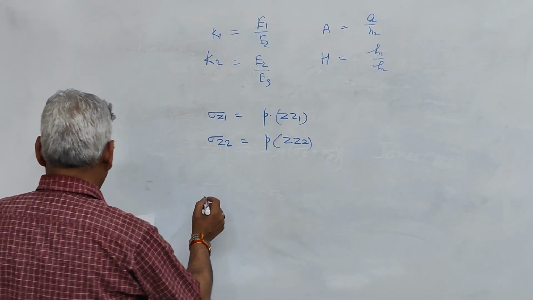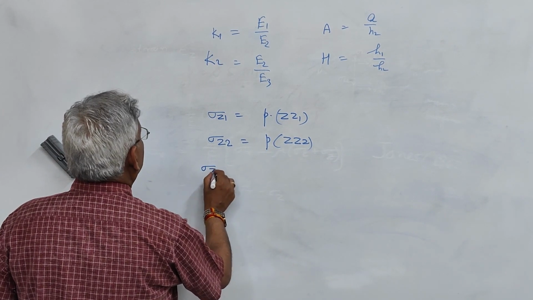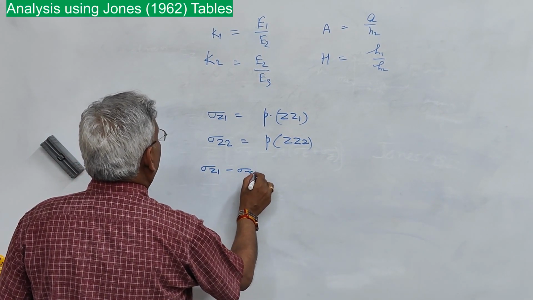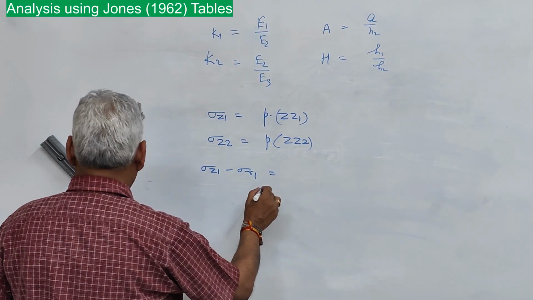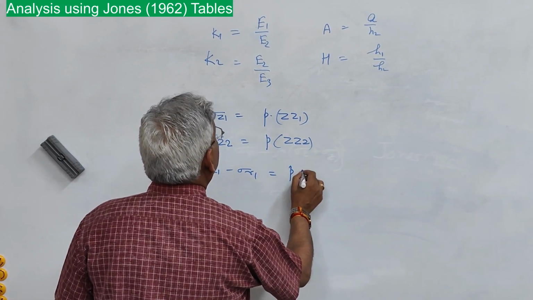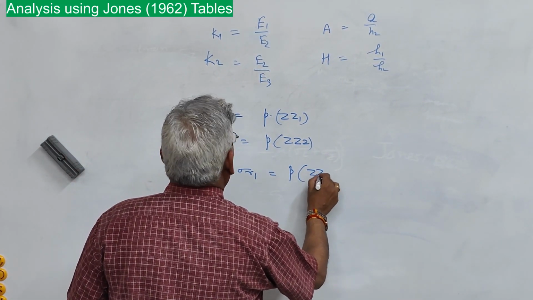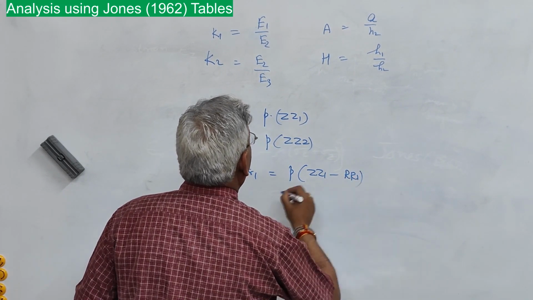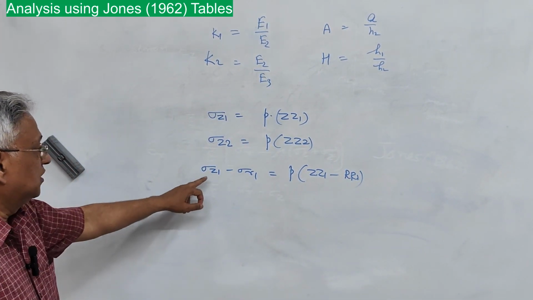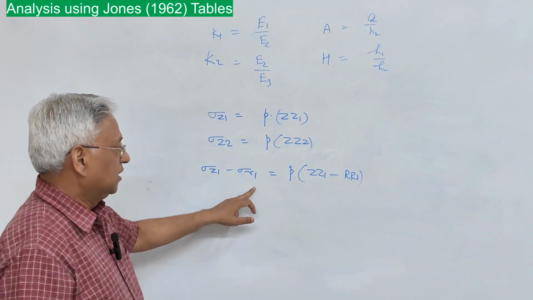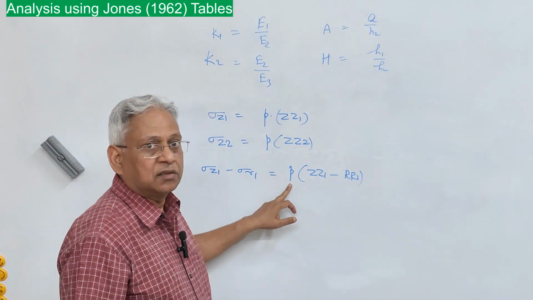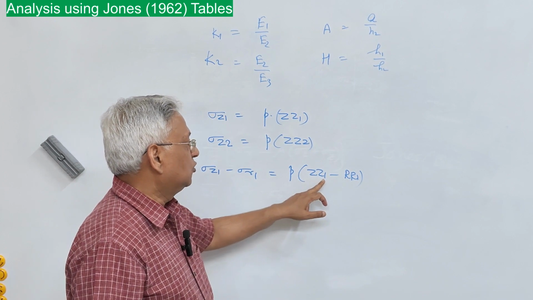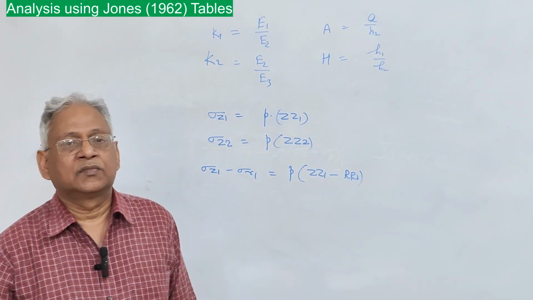Sigma Z1 minus sigma R1 is equal to P times ZZ1 minus RR1. And similarly, sigma Z2 minus sigma R2 is P, where P is the pressure at the surface, times ZZ2 minus RR2.